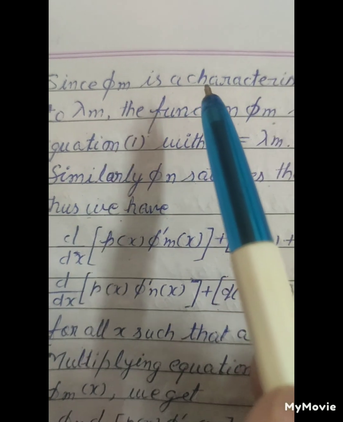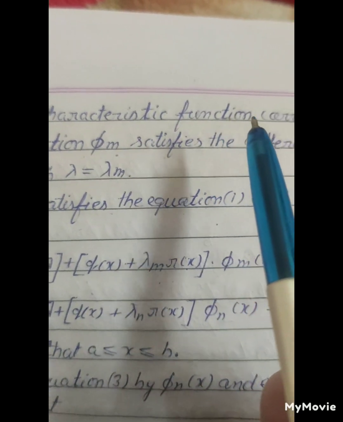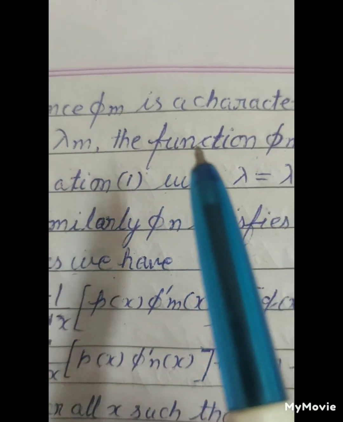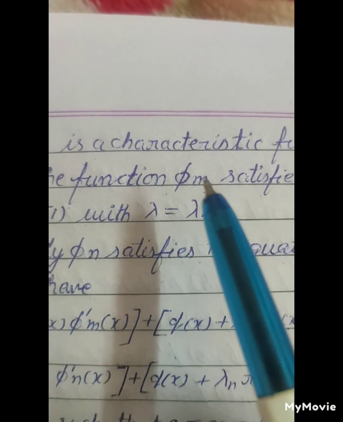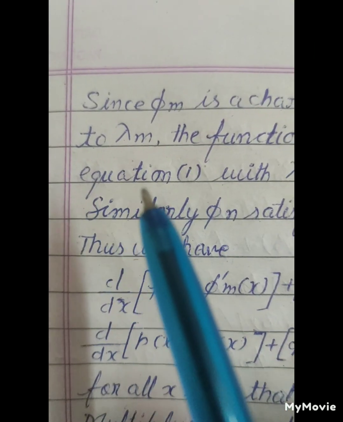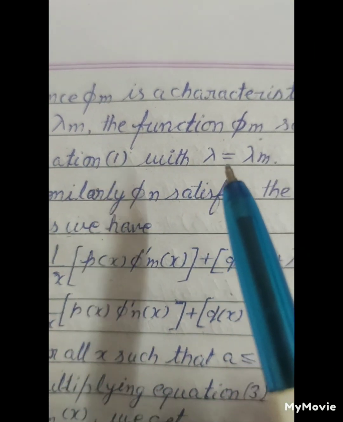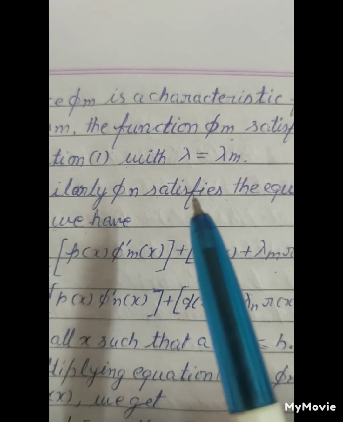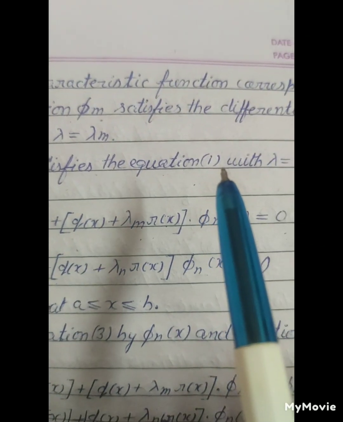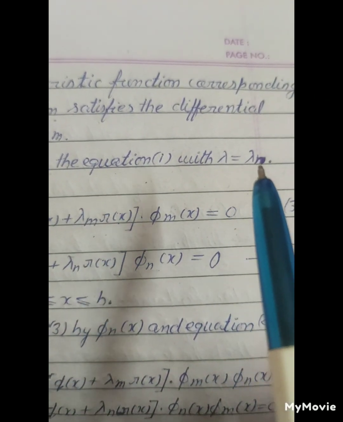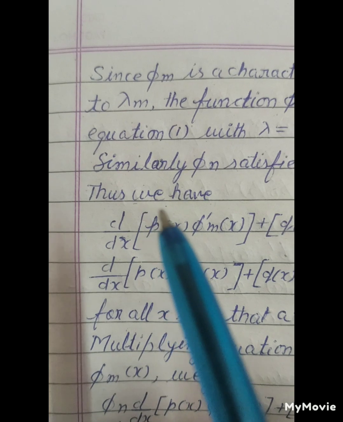Since phi_m is a characteristic function corresponding to lambda_m, the function phi_m satisfies the differential equation 1 with lambda equals lambda_m. Similarly, phi_n satisfies equation 1 with lambda equals lambda_n.